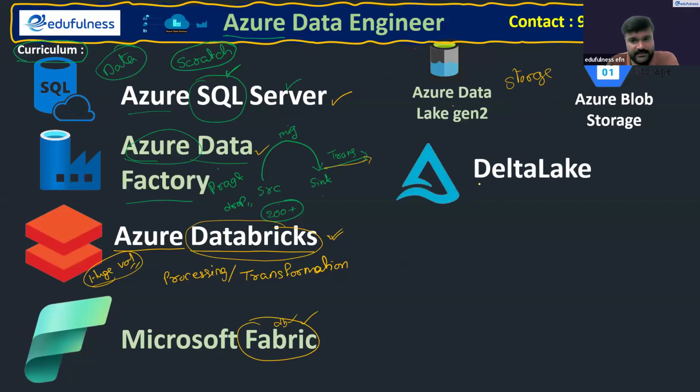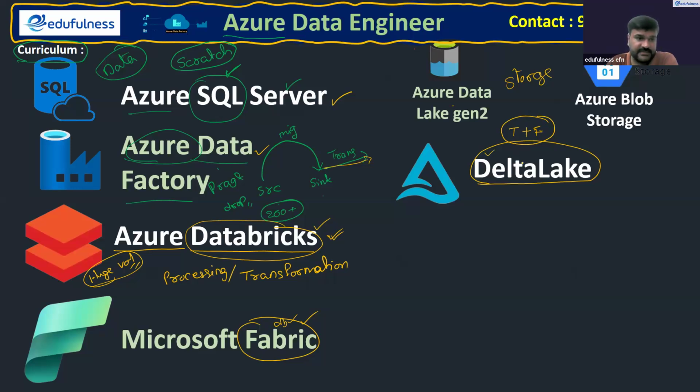Very, very important technology: Delta Lake, which is a subset of Databricks actually. Nowadays people are going to use this like anything. It is actually both a table and a file, and whatever advantages they have individually, together is nothing but Delta Lake.